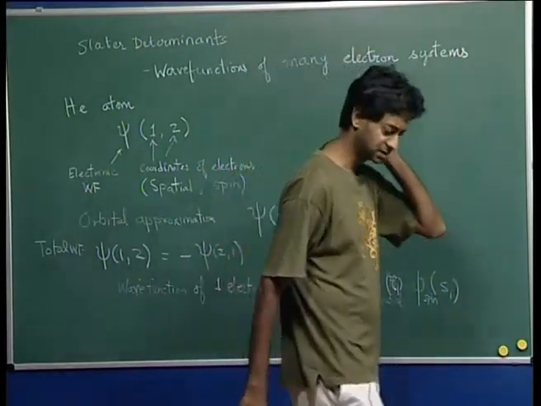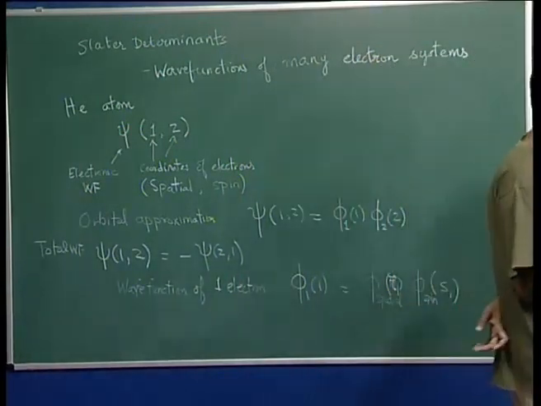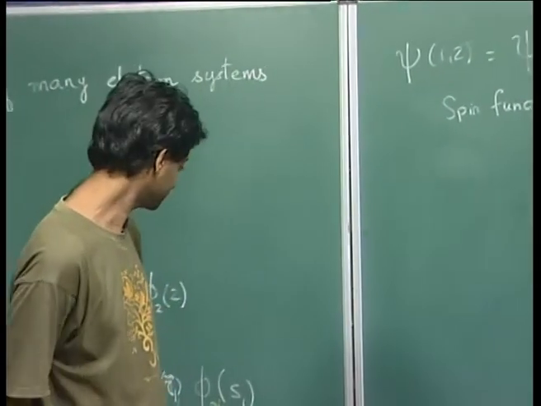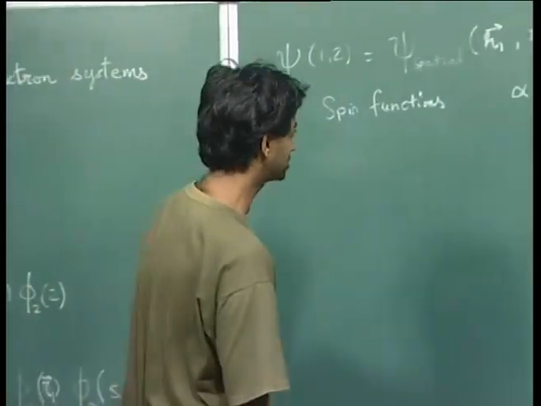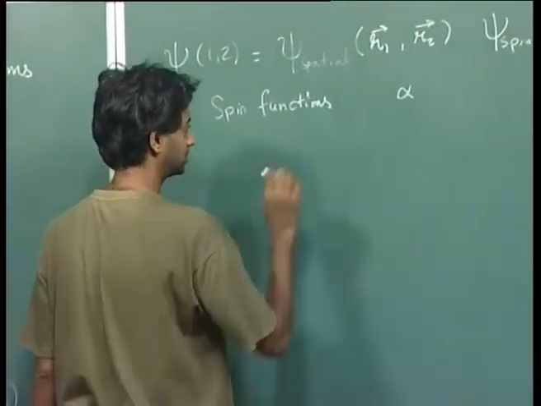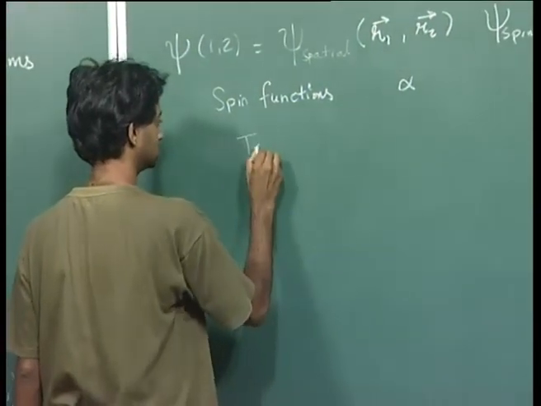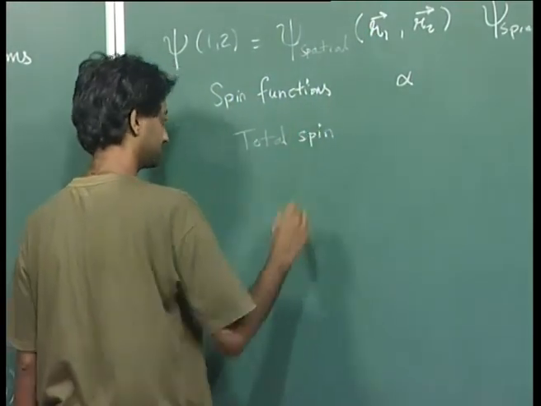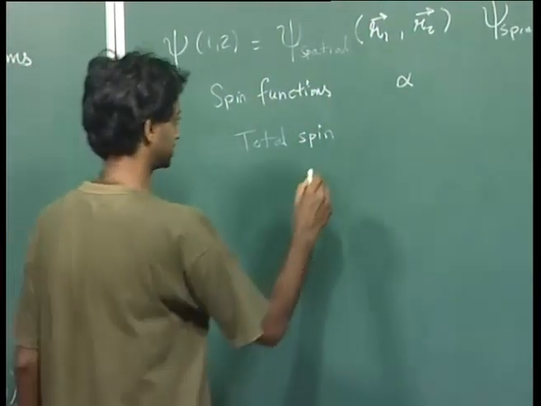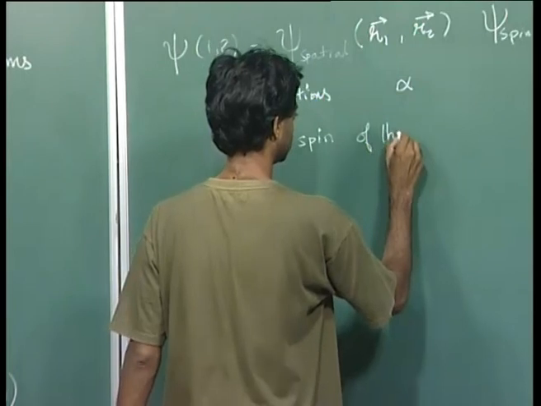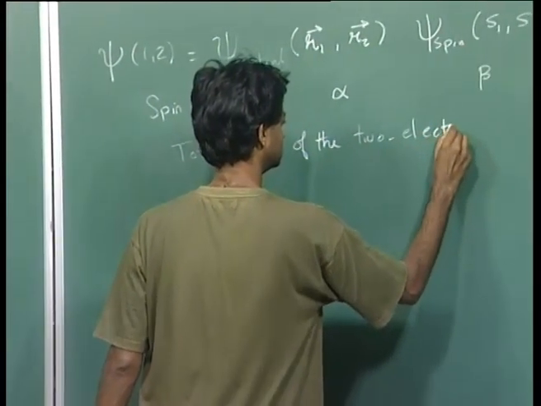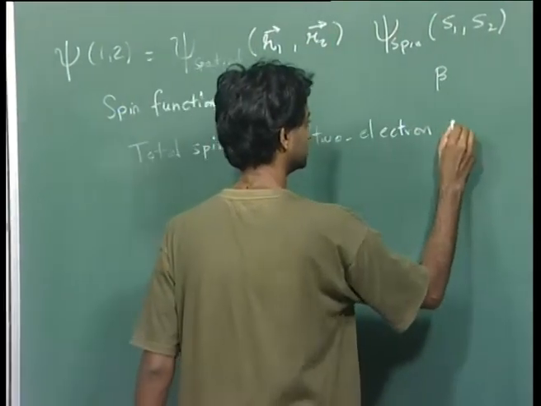These are the two spin functions corresponding to, you can think of them as, spin up and spin down. So there are only two possibilities for the spin functions. Okay. So now if you look at the total spin of the 2 electron system.